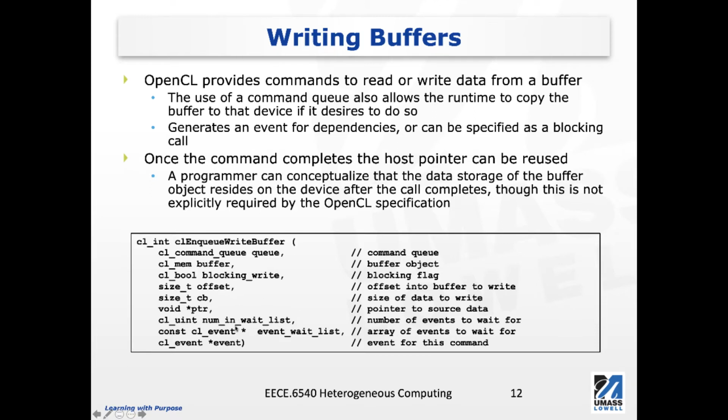The next three arguments are common for many other enqueue type APIs, and specify the number of events to wait for, the list of events, and finally what event will be generated once this command finishes.